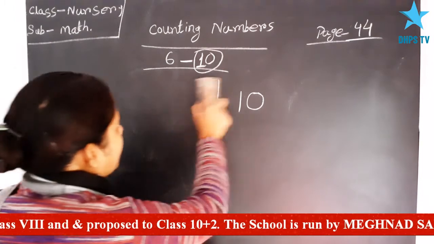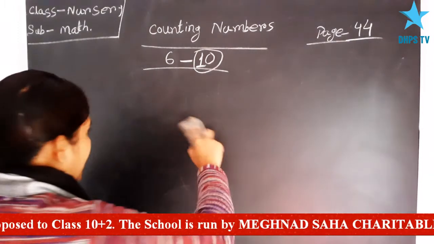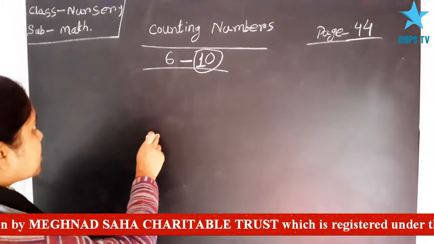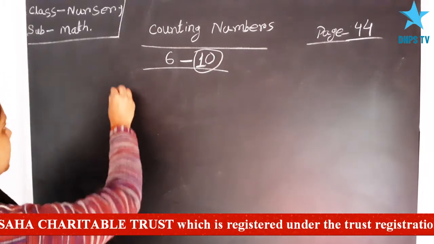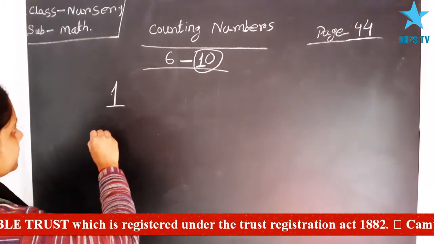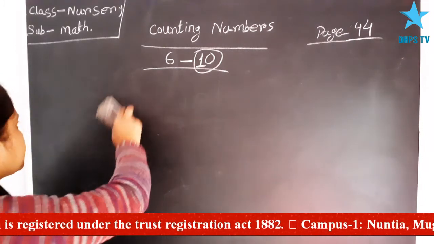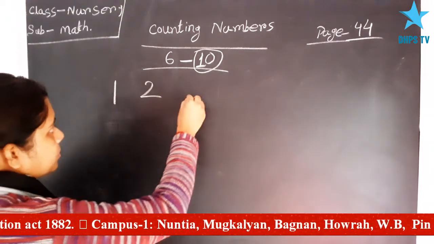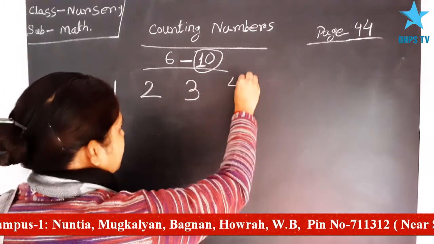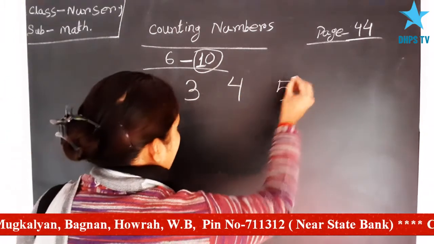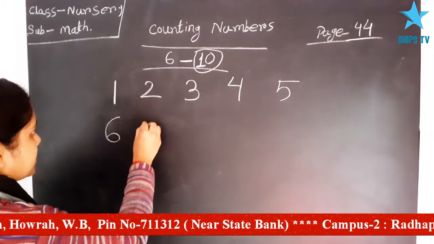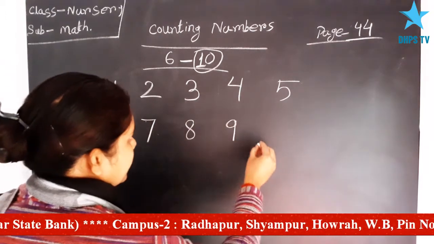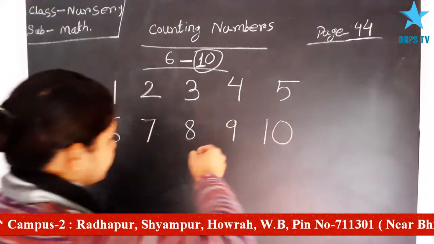So from the first counting number up to 10, now I am writing all the counting numbers from 1. The numbers are 1, 2, 3, 4, 5, 6, 7, 8, 9 and 10.